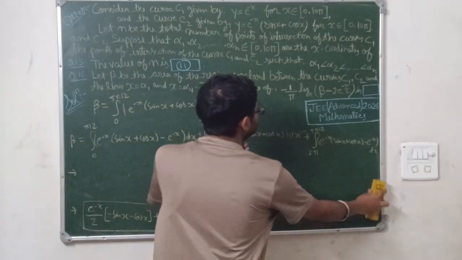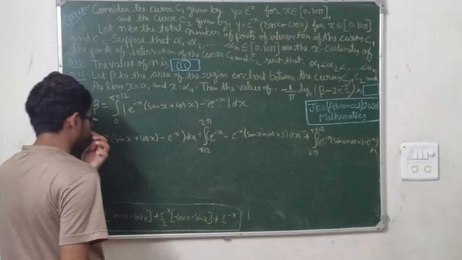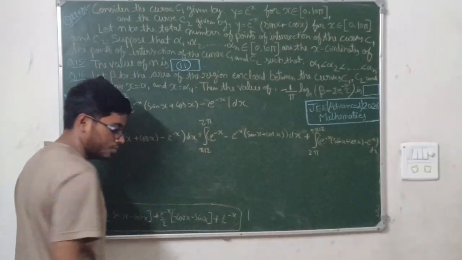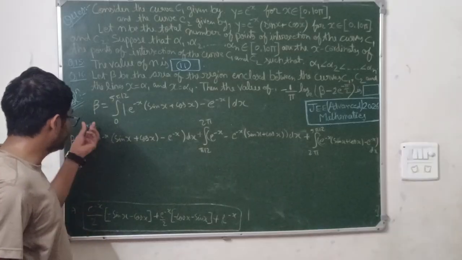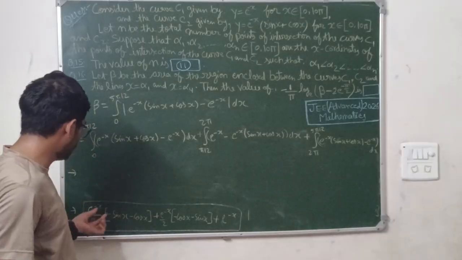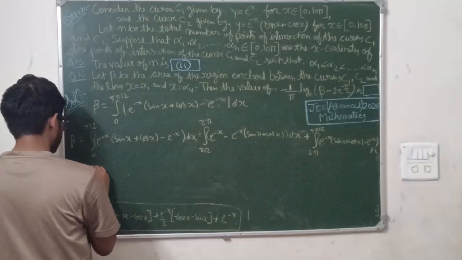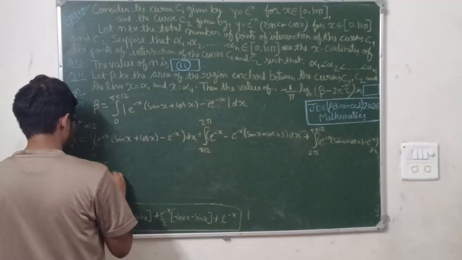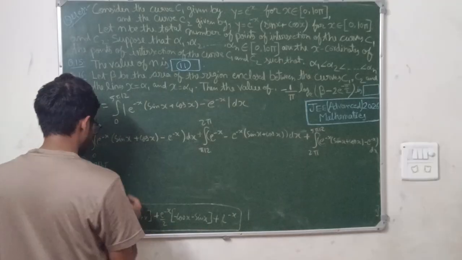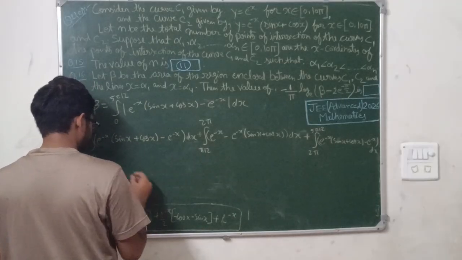It's quite a lengthy integration, so we generally do it in many steps by applying by parts. So I will tell you for the first part from 0 to pi by 2. You will apply this: e to the power minus pi by 2 by 2. So first of all pi by 2, and sin pi by 2 is what? 1, and cos pi by 2 is 0.